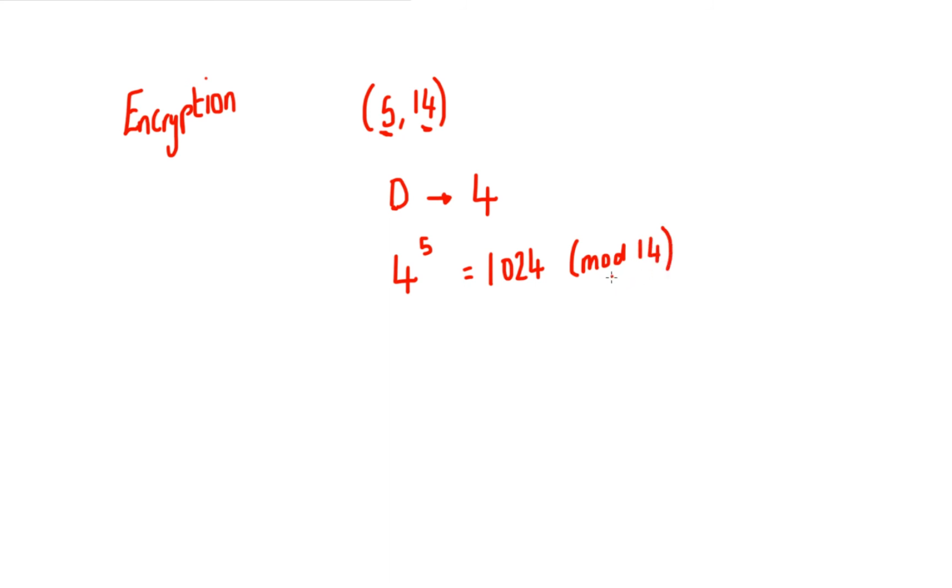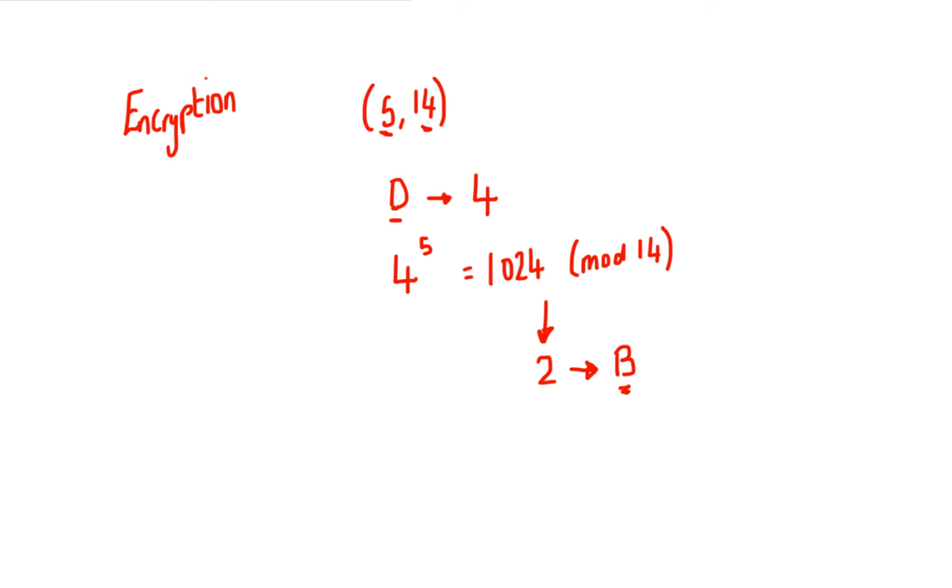So 14 goes into 1024 73 times. And that gives us 1022, and that leaves us with 2 left over. So our answer from this, once we've used the modulus operator, is 2. And if we then convert that back, that will give us the letter B. So D has now been converted into B.